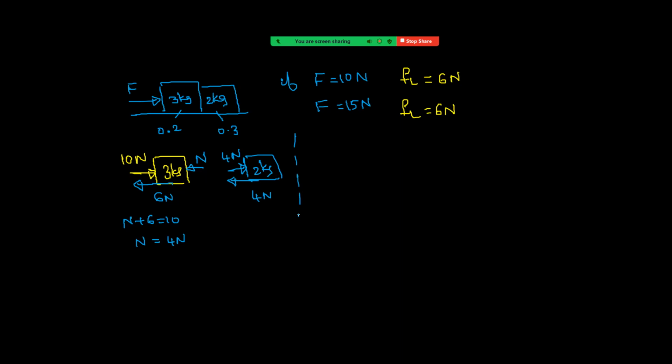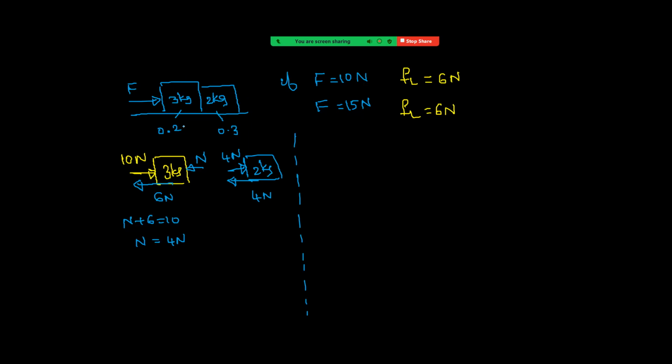Now coming to when F is 15, see carefully. F is 15, which is greater than 12, right? So the system comes into motion. When the system comes into motion, friction will be kinetic.